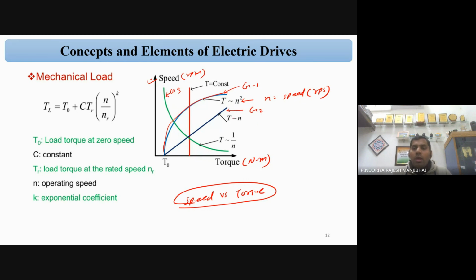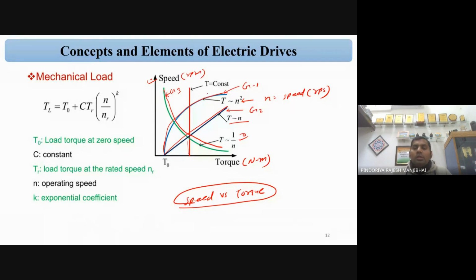And this straight line shows that torque is directly proportional to n. And this inverse parabolic green line shows that torque is inversely proportional to 1 by n, the inverse of the speed. And this red line shows that torque is constant at any speed.